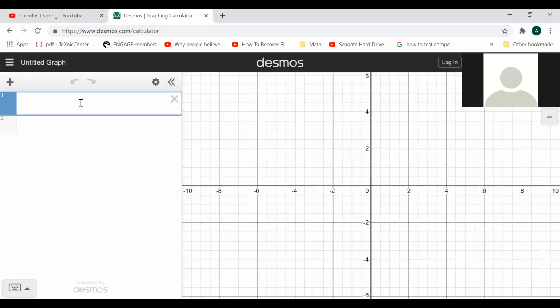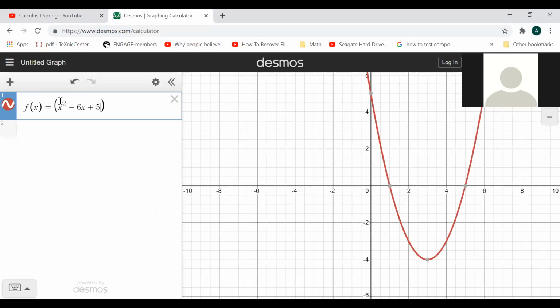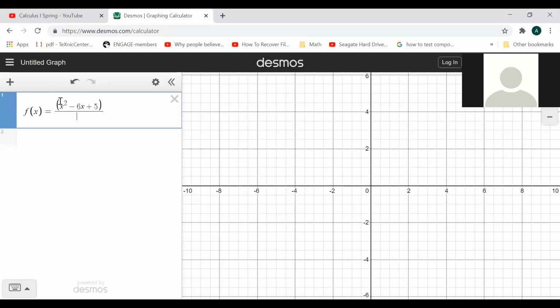All right, and Desmos is on the screen, graphing calculator. And again, we calculate the limits. I'm just going to write the function here. So I'm going to say the function is f of x equal to, and looking at the formula, I'm going to use a pair of parentheses, so x squared minus 6x plus 5 divided by, and the bottom will be x minus 5.